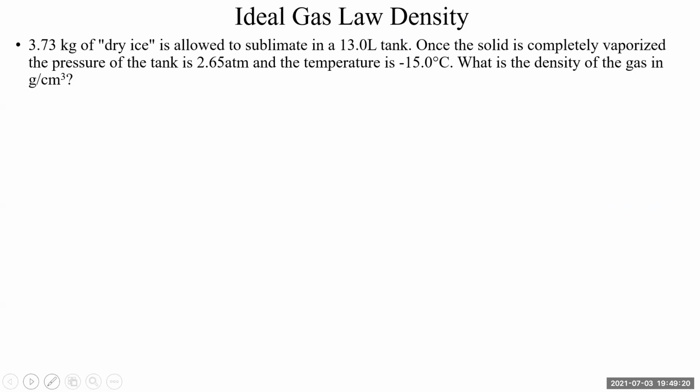Here's an example where we can actually calculate the density of a gas. Now, we don't often think about densities of gases, though they do have different densities. For example, helium is one of the least dense gases, and for that reason, it escapes our atmosphere and doesn't stick around. Though the Earth generates helium from radioactive decay of unstable isotopes, plenty of helium is in the air, by the way, but it's all traveling out into outer space.